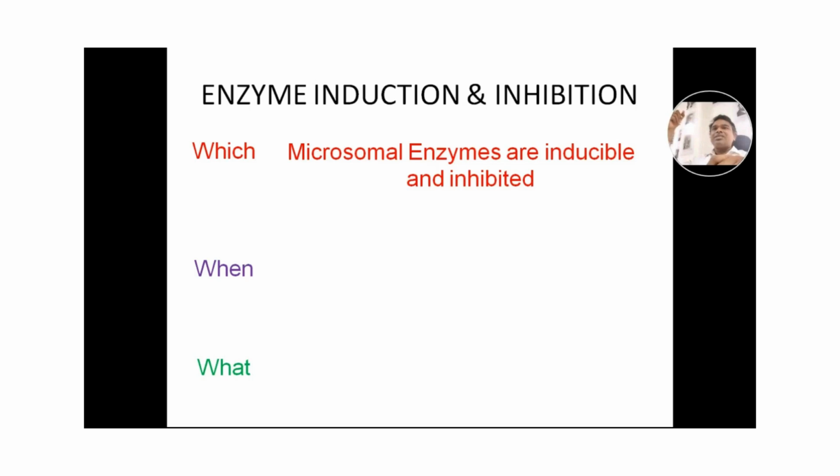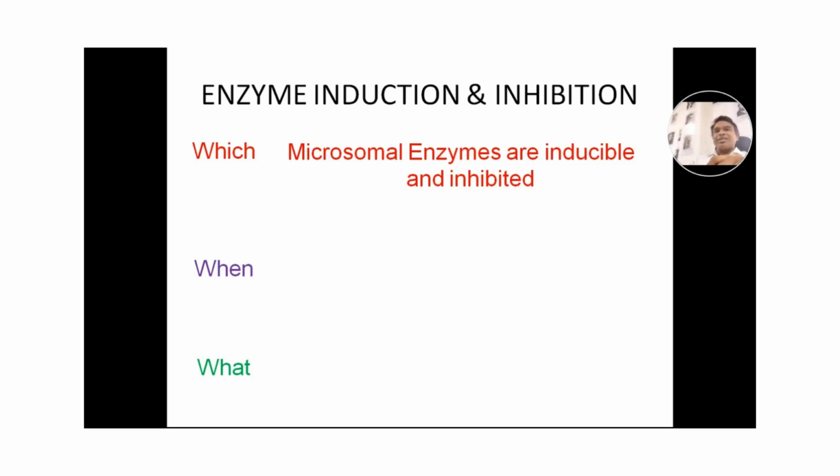Of these two, microsomal enzymes are inducible and can be inhibited. That means their number can be increased or decreased with drug usage. That property is called enzyme induction and enzyme inhibition.